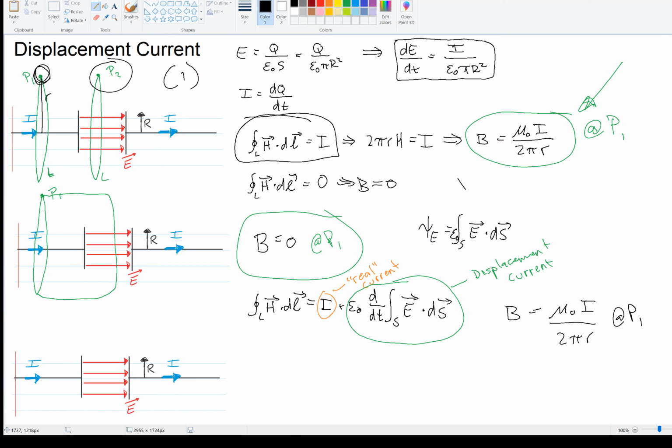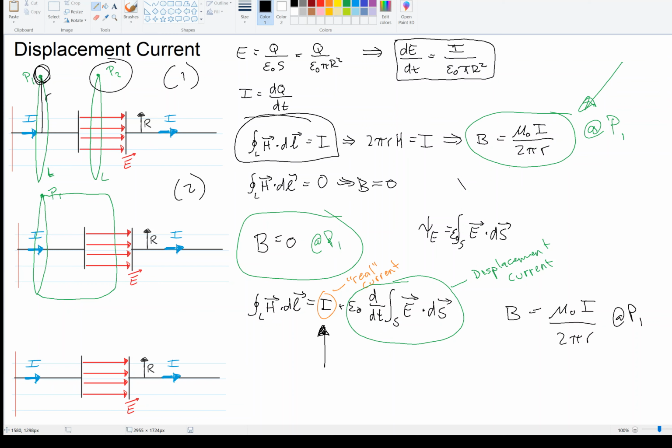Now, let's take a look at figure 2, right, with this surface. Now, with this surface, there's no penetrating current. Remember, there's an open top and a flat bottom. So there's no penetrating current, so the real current I in Ampere's law is 0. But now let's consider the second term.